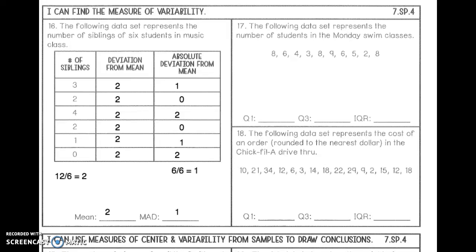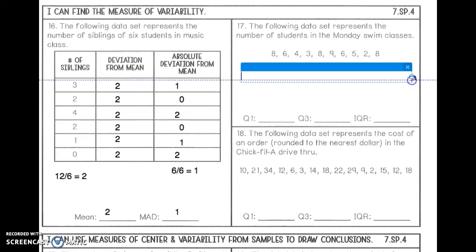Number 17 says the following data set represents the number of students in the Monday swim classes. So, guys, you're not going to be able to get away in these problems without reordering the data set, because you have to put them in order to look at them.